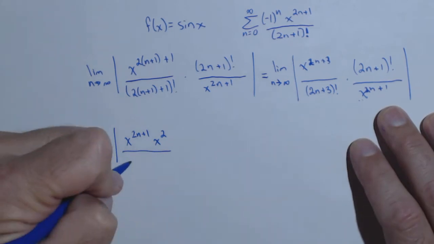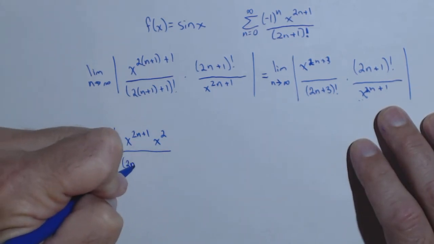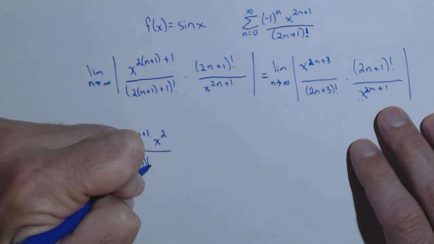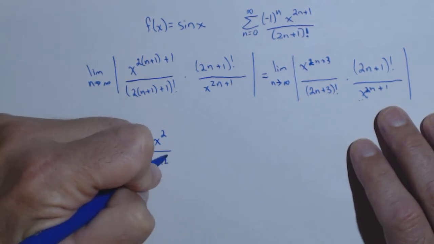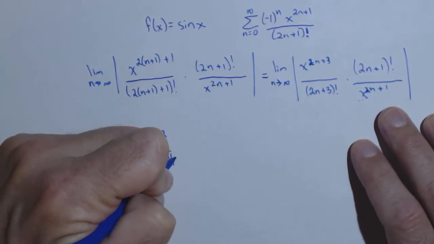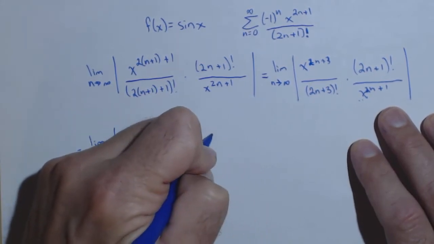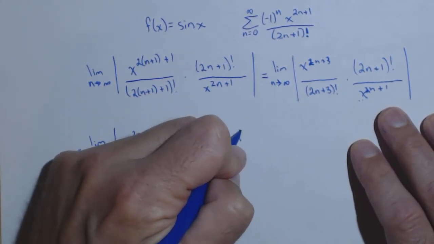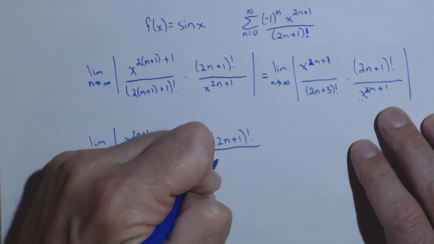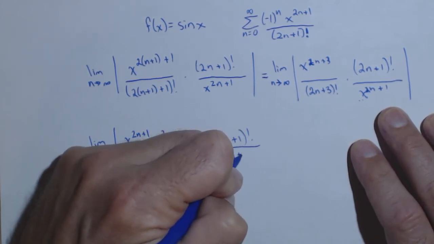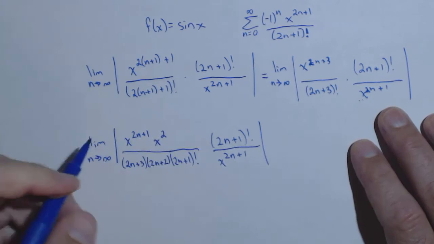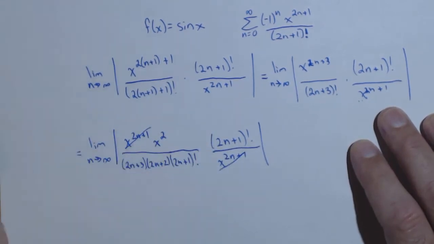I'm going to start to write out the product of this factorial, so 2n plus 3 times 2n plus 2, and I'm going to stop there and write the rest as 2n plus 1 factorial, once again to match up with this 2n plus 1 factorial here, and x to the 2n plus 1. Now I can clearly see my canceling.